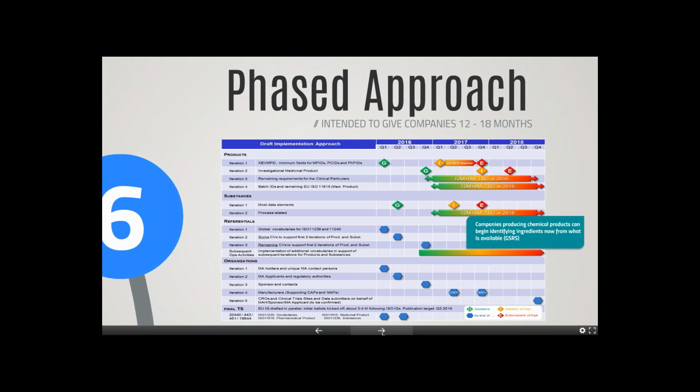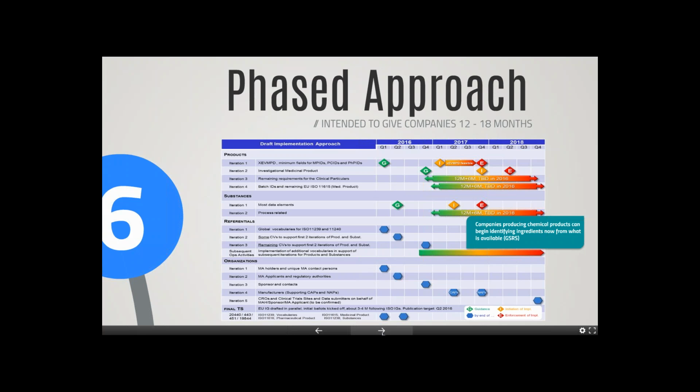Maybe you have heard about the Global Substance Registration System that is being developed by the National Center for, I think, Advancing Translational Sciences, NCATS, working for the FDA. And GSRS will be the substance database to be used to submit and retrieve substance information, not only in the US, but also in Europe.